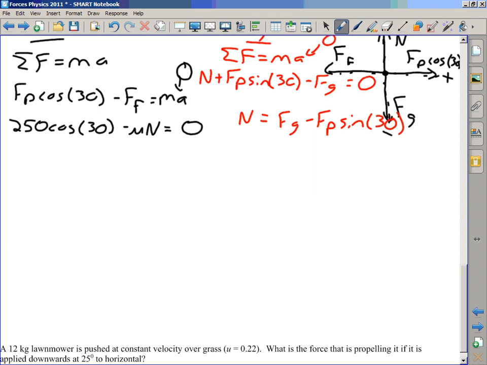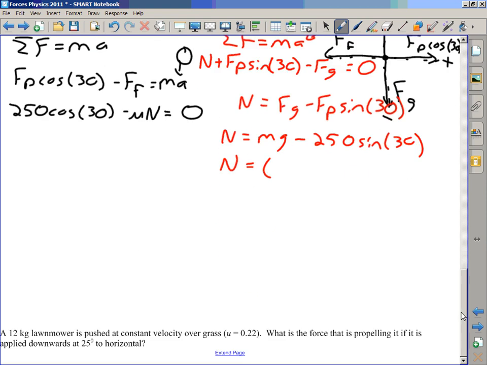Force of gravity breaks into what? mg minus 250 sine 30. And I know the mass here, I said it was 15, times 9.8 minus 250 sine 30. Normal force equals what?